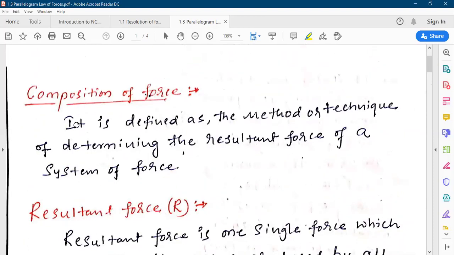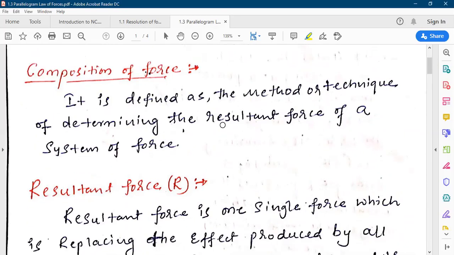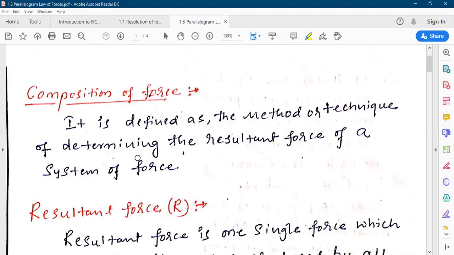Composition of force is defined as a method or technique of finding or determining the resultant force of a system of force. As we have defined, a system of force is when more than one force is acting at a point, and all those forces are collectively called a system of force.